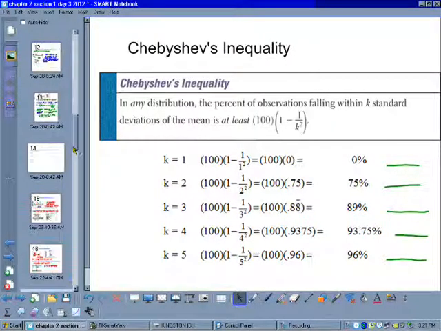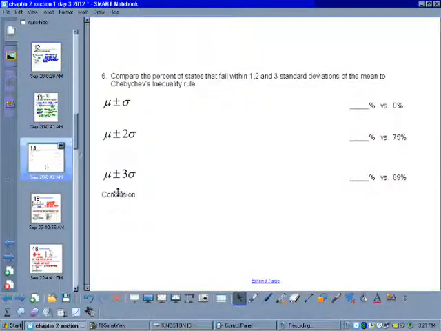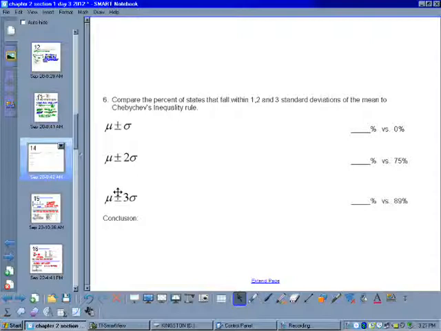So we are now going to test Chebychev against our current data set called state, remembering that our mean is 4.9. That is our x bar, and our standard deviation is equal to 0.98. I'm going to use these values and check the places of the data.